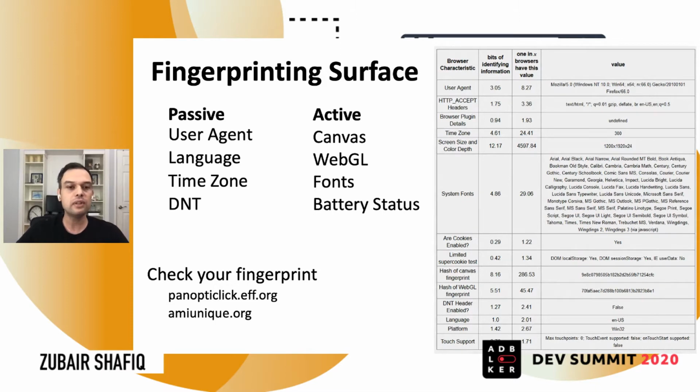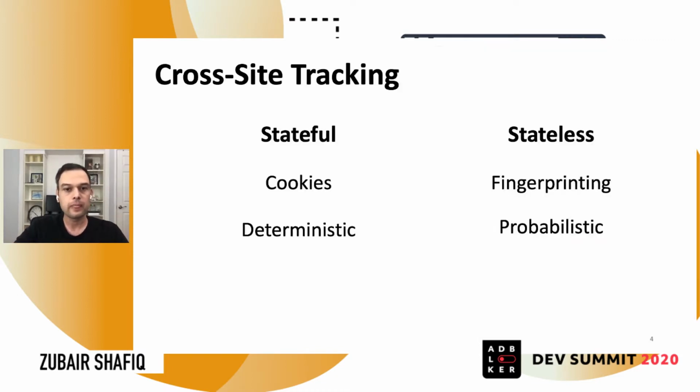What fingerprinters do is piece together all of this distinguishing information to construct a unique identifier for a user.